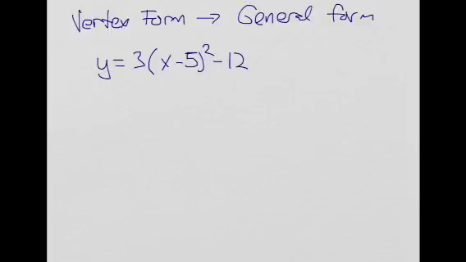So let's do vertex form to general form. I'll start with this equation: y equals 3 times x minus 5 quantity squared minus 12. To start this off, I'm going to have to first square that binomial. Now, whatever you do, don't do this.